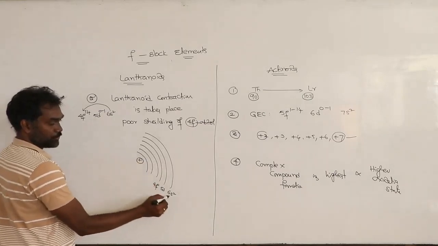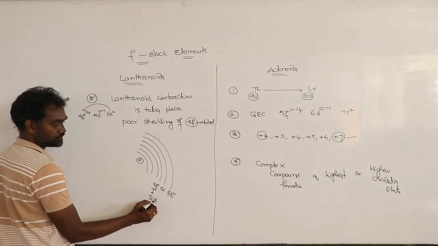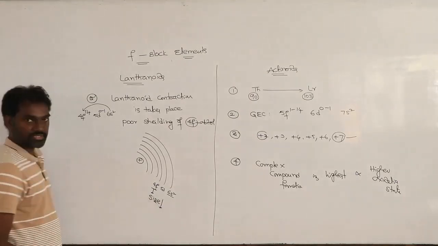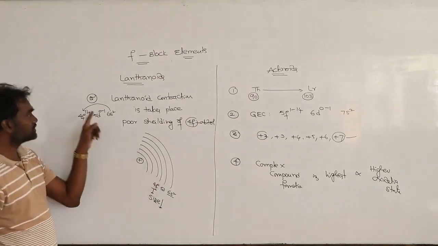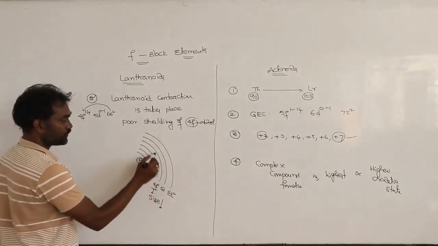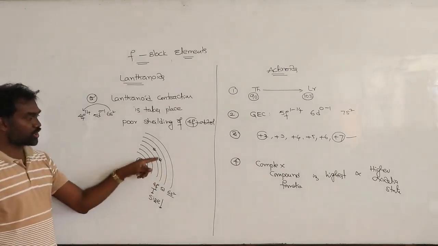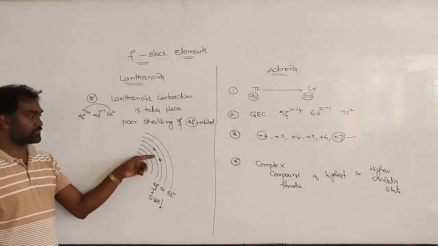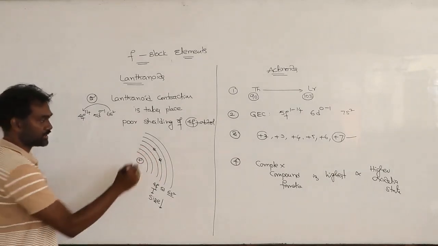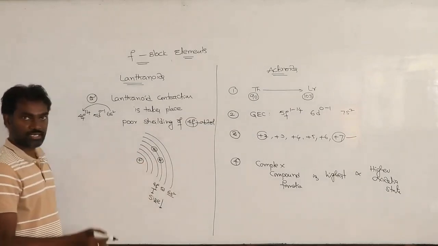See here, compared to the 6th orbit, 4f size is small. How many maximum electrons can you fill? 14 electrons. In the smallest size, a large number of electrons are arranged, so they come close to each other. Outside, how many electrons are there?